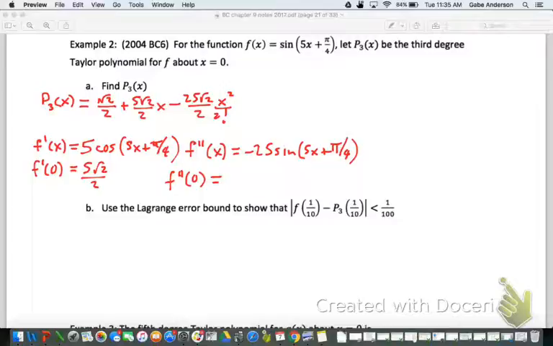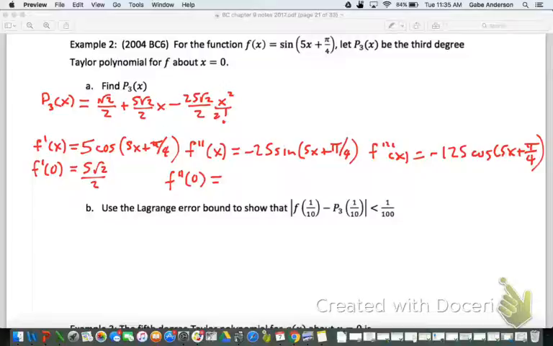So the third degree term will be based on the third derivative. So f triple prime of x, what's 5 times 25? 125. So this would be negative 125 cosine 5x plus pi over 4.